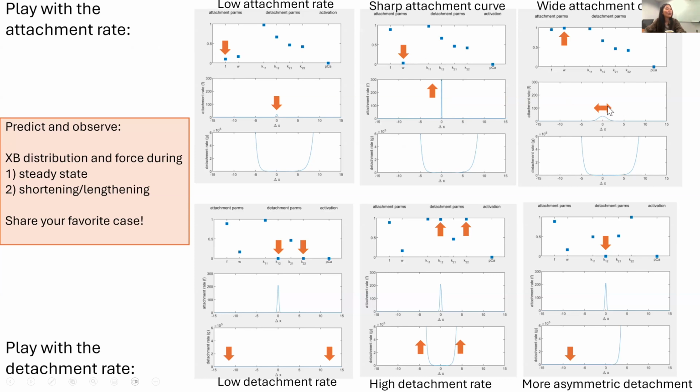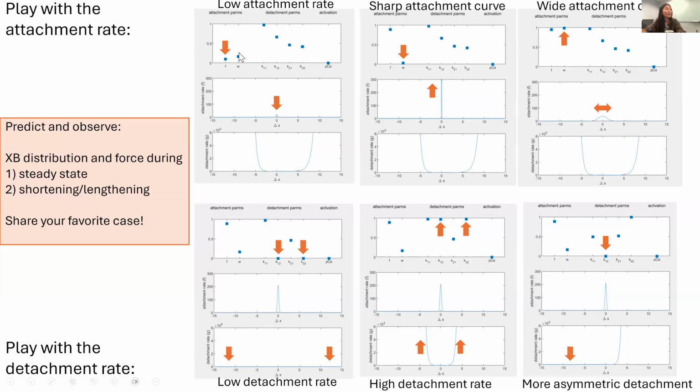Or you can make it really wide and see what happens. Or you can make the detachment rate go really low on either side by lowering K12 and K22 parameters, or make it go up, or make only one side go down and see what happens.